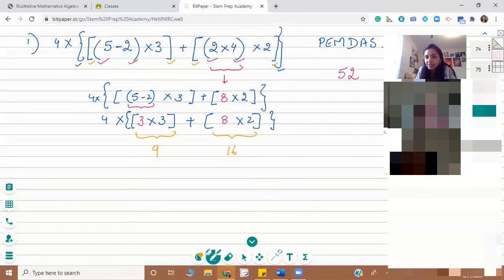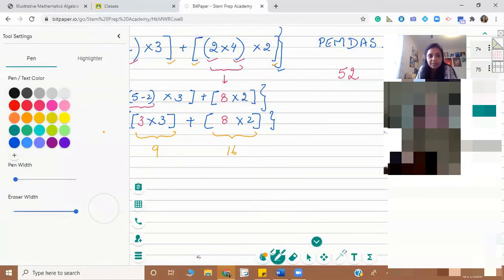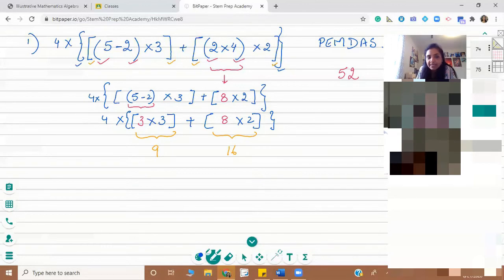Is that right? Yeah. Okay, let's bring everything else down as it is. So I'm getting 4 times my outside curly bracket still remains as it is and I get a plus sign in between. Is that right? Yeah. Okay, now I still have one more parenthesis. So can I add these two first? Yeah.